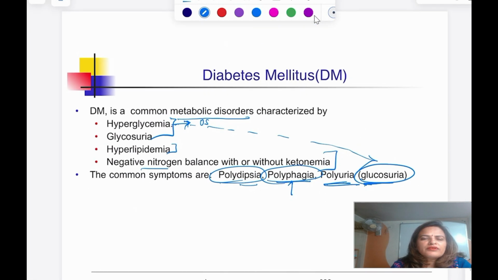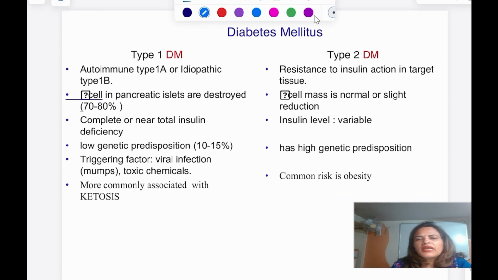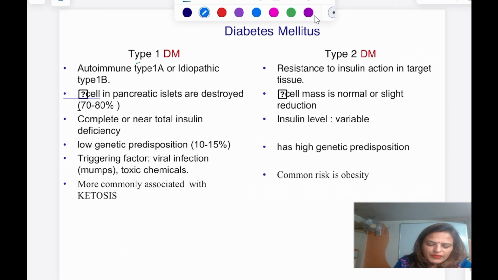Now, how many types of diabetes mellitus are there? I am going to take up only two types of diabetes mellitus, type 1 and type 2. Now, what is the basic difference between type 1 and type 2 diabetes mellitus? Type 1 is very commonly called insulin dependent diabetes mellitus, and type 2 is non-insulin dependent diabetes mellitus.